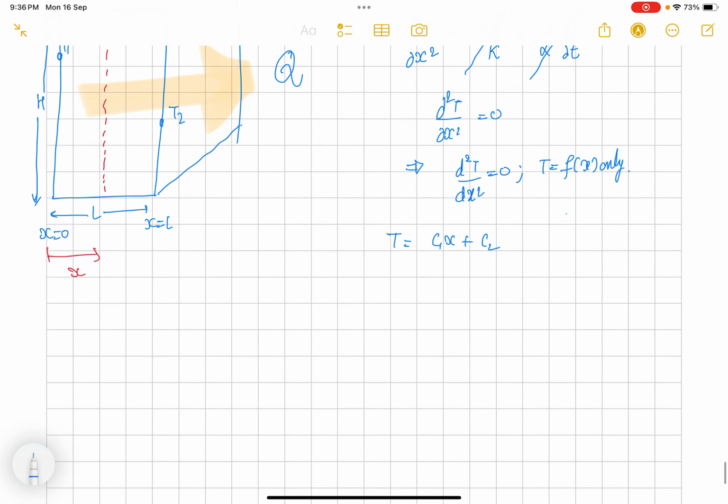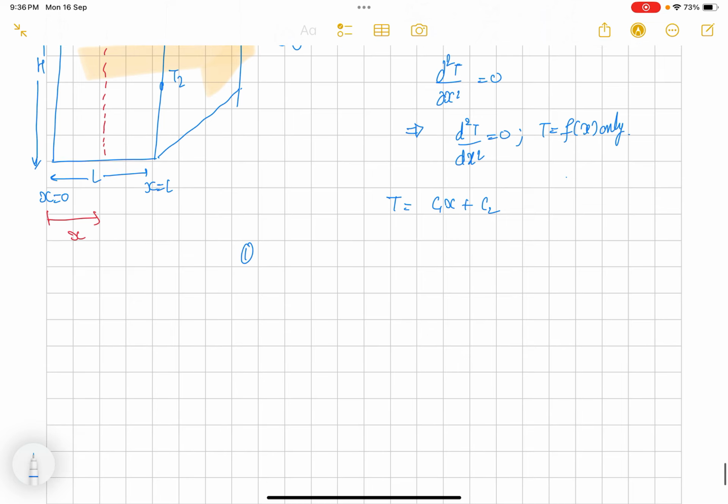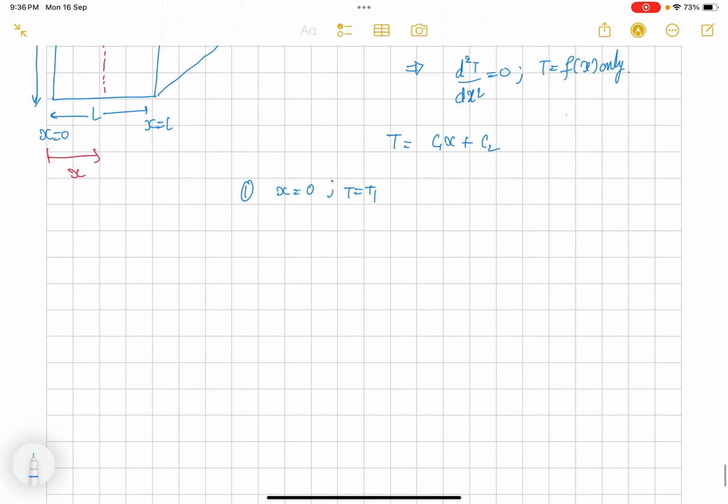So we have boundary conditions. First is at x equal to 0, temperature is T1. Substituting that, we get C2 as T1. The second boundary condition is at x equal to L, T is T2.